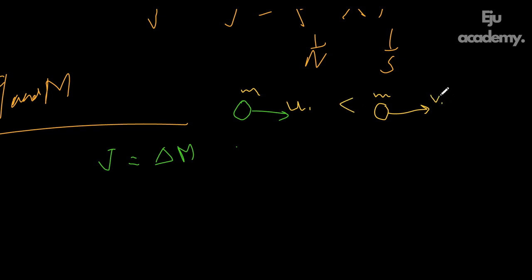So u1 is less than v1, but the mass is equal. As we studied in the previous class, momentum is mass into velocity, and mass is constant in both cases. If we need to find the change in momentum, say the momentum at this point is equal to the momentum at this point.